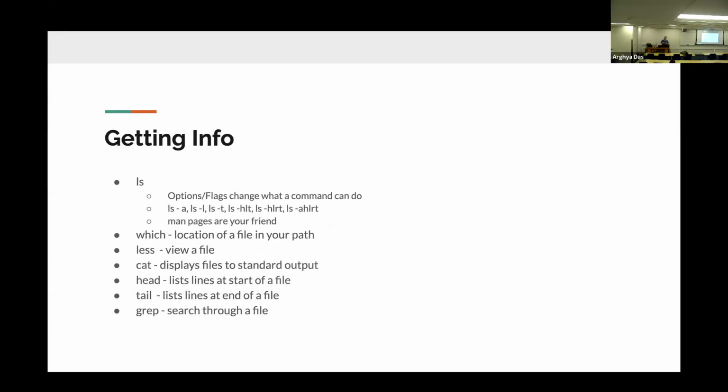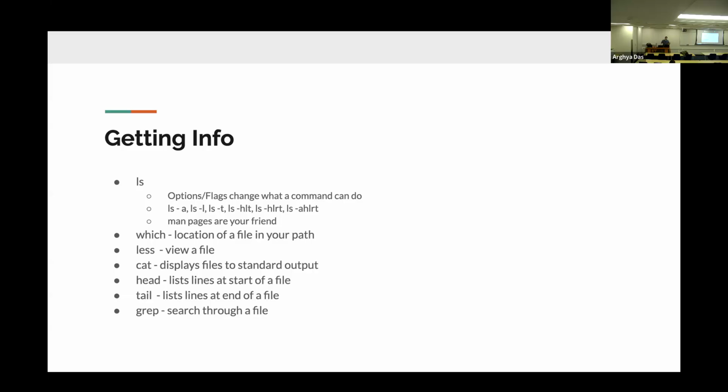The next section that's useful is what I'm calling getting information. Again, we talked about the ls command. This lists files and directories in a location, either your current location or somewhere that you specify. You can pass it a bunch of options and flags to have it do different things.